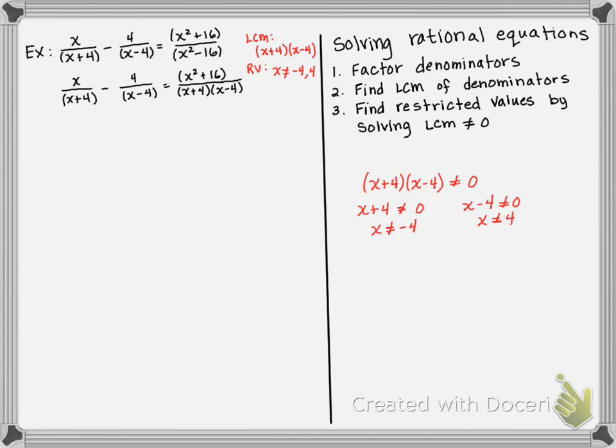X equals 4 is not your LCM. It's not a factor in your LCM. X minus 4 isn't the same as x equals 4. Like, x equals 5. Then your LCM is 5 plus 4 times 5 minus 4, which is 9 times 1, which is 9. That's okay. See what I mean? Yes.